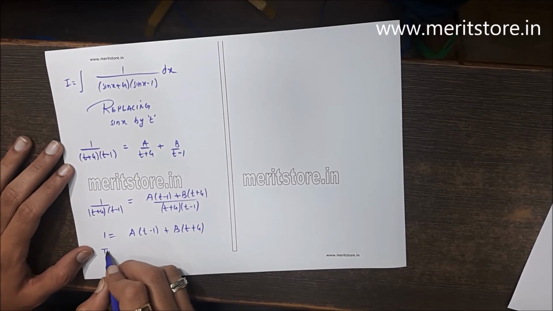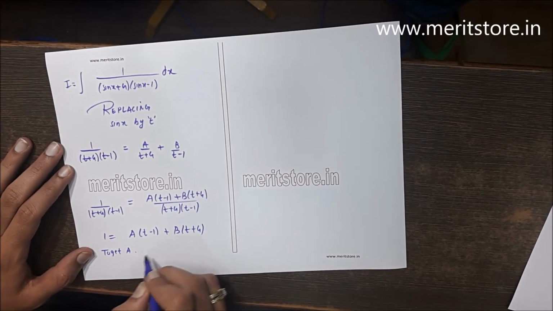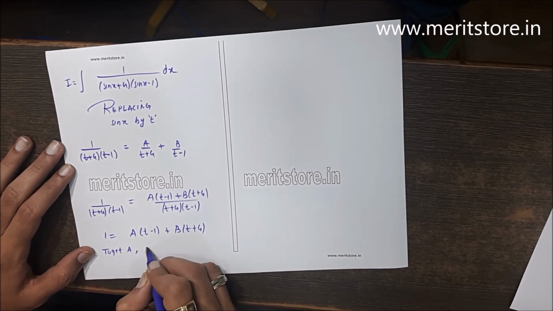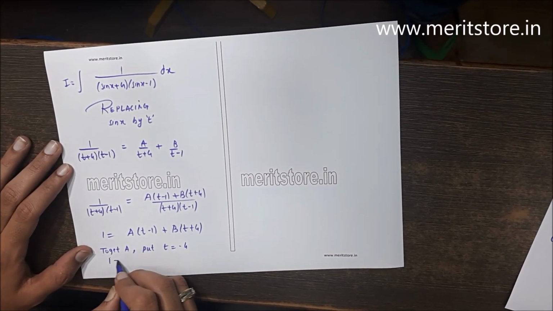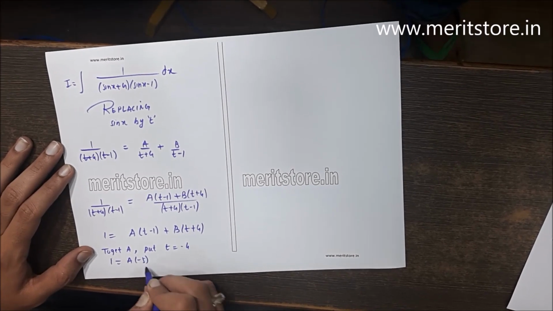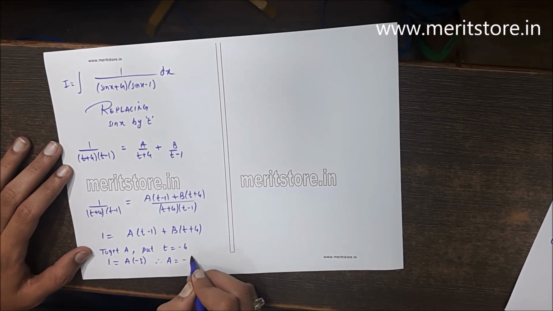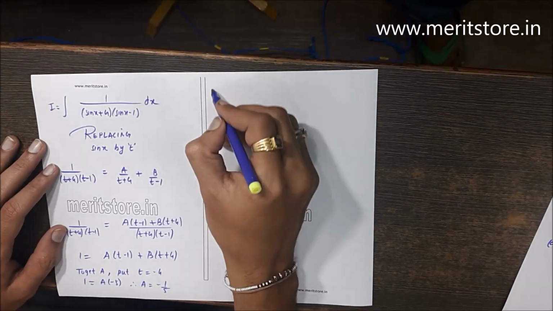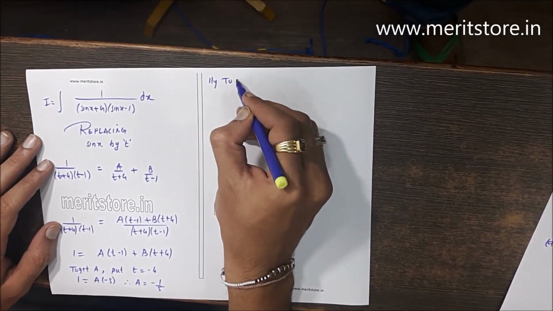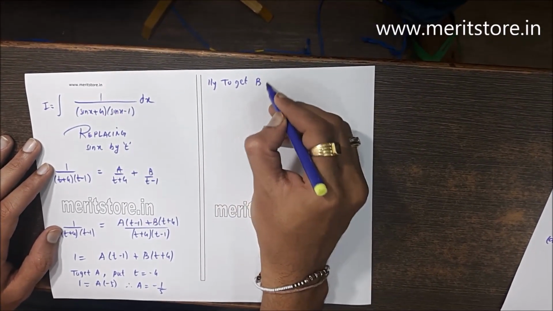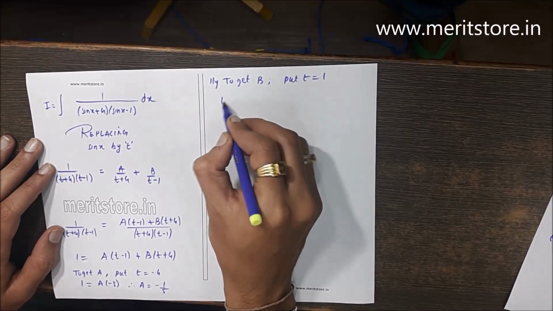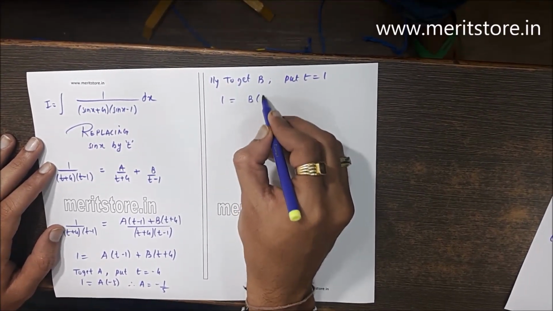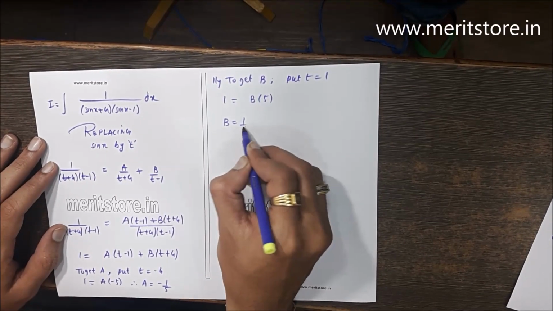Now to get a, we put t equals minus 4, so 1 is equal to a into minus 5, and therefore a equals minus 1 upon 5. Similarly, to get b, we'll put t equals 1, so 1 is equal to b into 5, and b will become 1 upon 5.